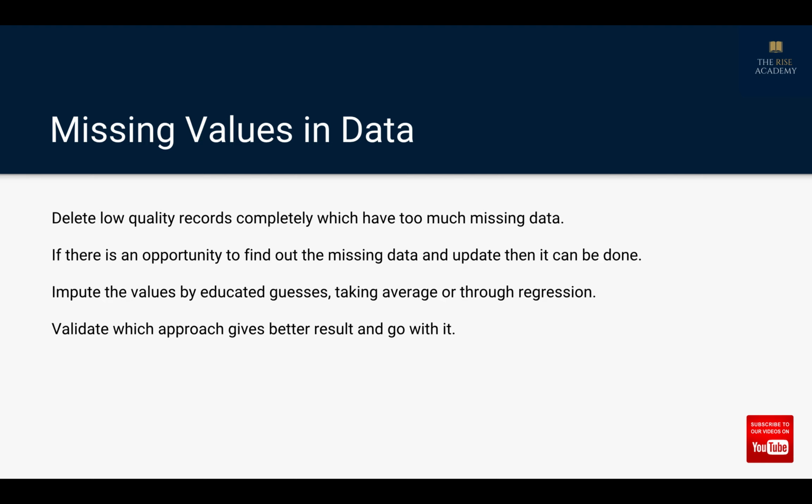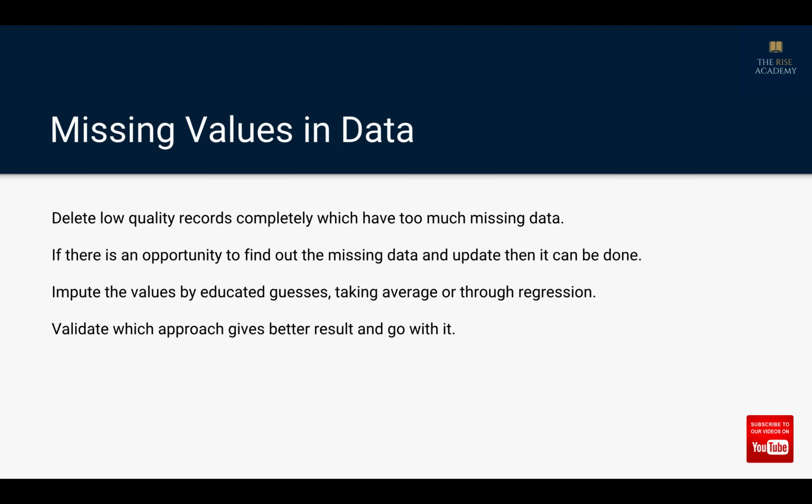The first thing that you can do, if a record in your data has very little real data and most of it is missing, is to just not include that record at all in your analysis. Just exclude it, just delete it, because it is so low quality, it is going to affect your analysis in a negative way.